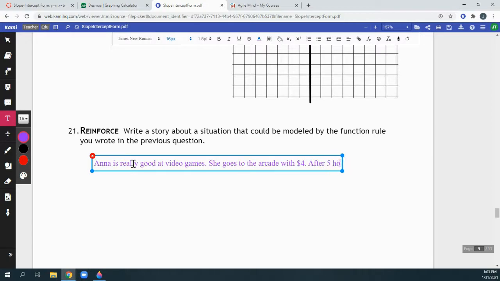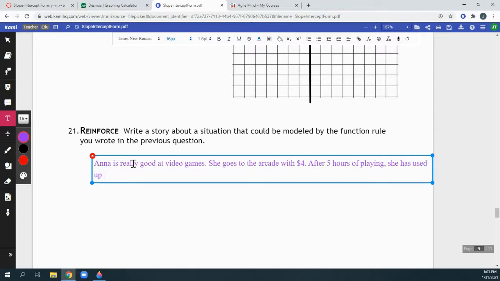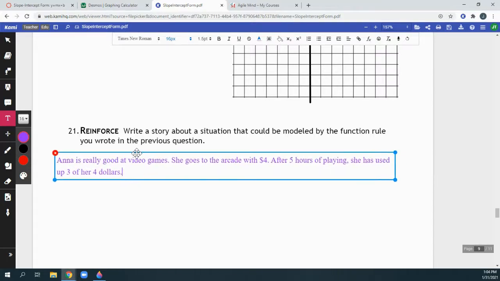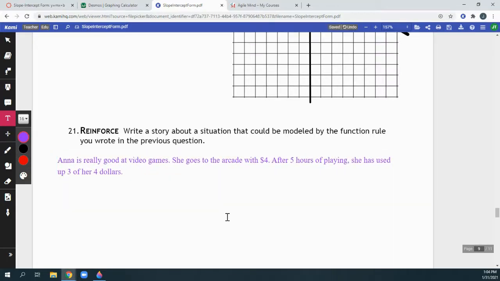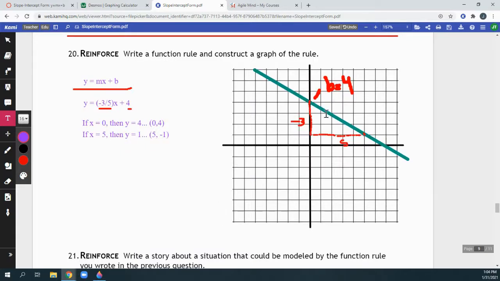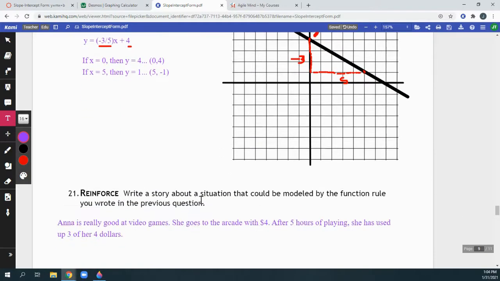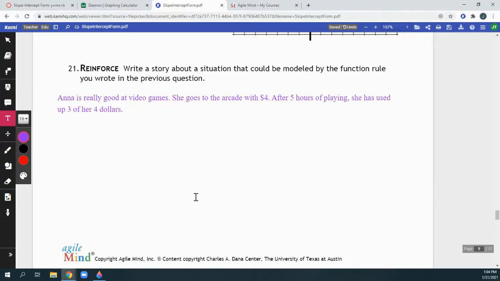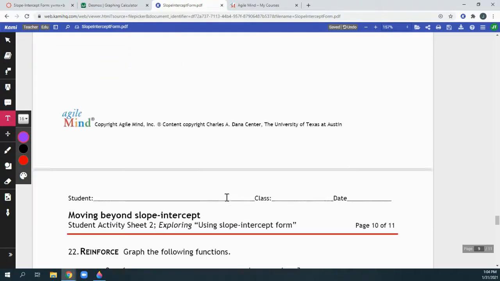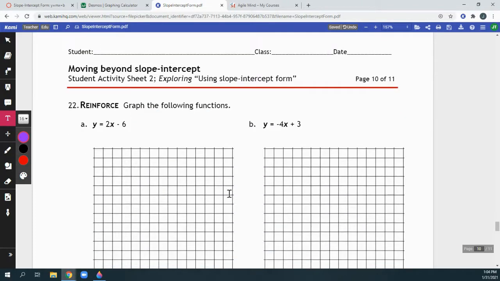After 5 hours of playing, she has used up $3. There. You could figure out how many dollars per minute if you wanted. You could do a little math and figure all that out, but no need. We could turn them to quarters instead of dollars, because that's usually what you play with in an arcade, at least when I was a child.